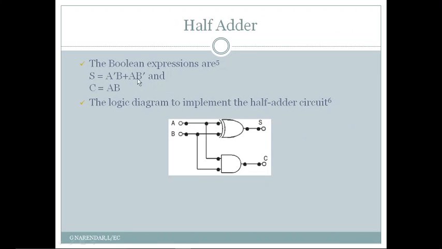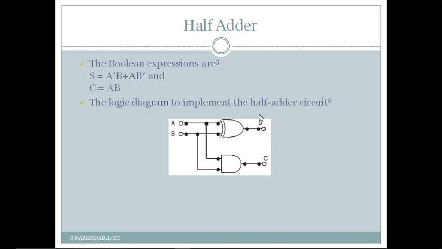So this is direct for sum. In order to realize the sum function, see that the sum function is exactly the XOR function. So if you give A and B as inputs to an XOR gate, the output of the XOR gate directly realizes the sum function.